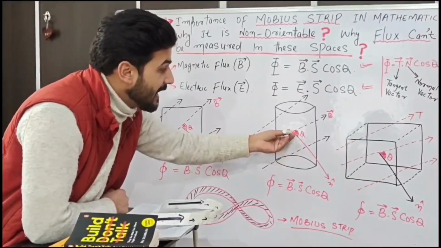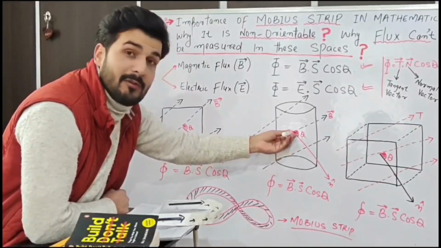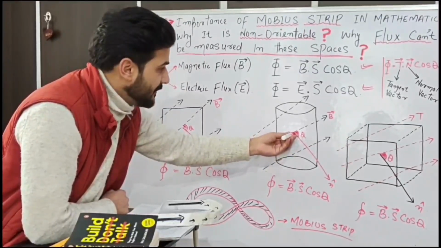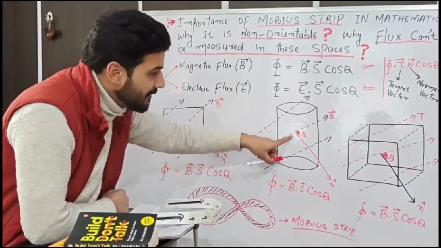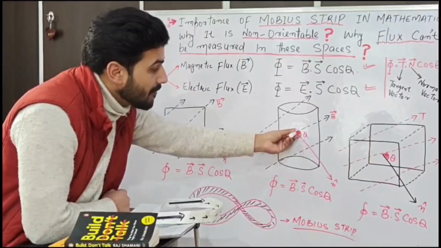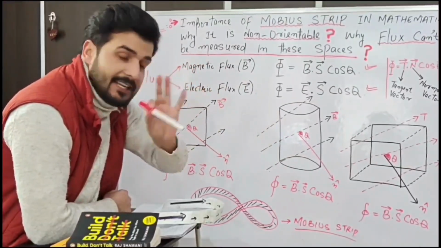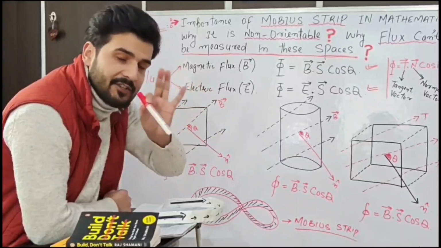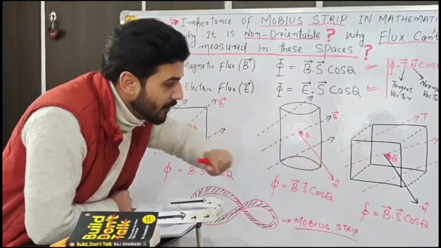And theta represents the angle between what? It represents the angle between the normal vector and the tangent vector. So here again, wherever you draw the tangent vector and wherever we draw the normal vector, the direction will not change. The same holds in the case of the cuboid.